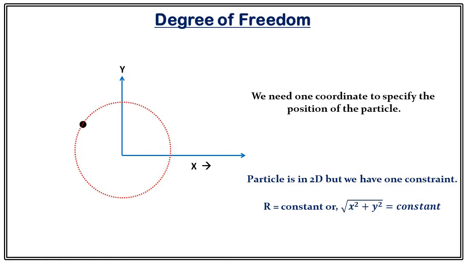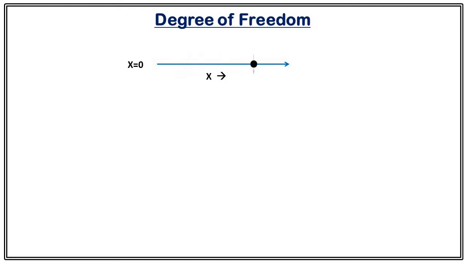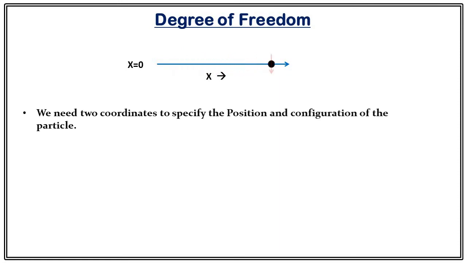Okay. Let's see another example. It's exactly the same condition. The particle is moving in 1D. However, it is also rotating about its axis. Now I am repeating the same question. How many coordinates do we need to specify the position as well as the configuration of the system? If your answer is 1, then you are wrong. Here the answer will be 2 coordinates. We need 2 coordinates to specify the position and configuration of the particle.